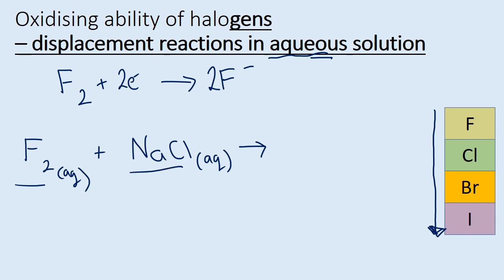This is going to be colourless. Salt solution will be colourless. So the starting colour here will be a very pale yellow, and the displacement will occur because the fluorine can displace the chloride. Notice the terminology. Fluorine is displacing chloride. It will become sodium fluoride, which is colourless, and chlorine.